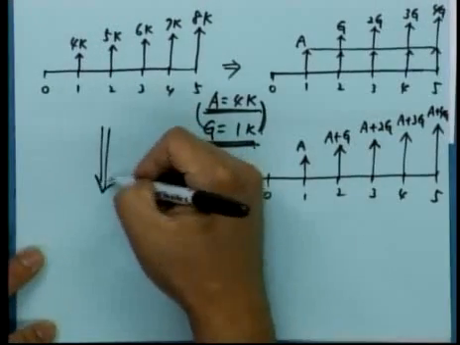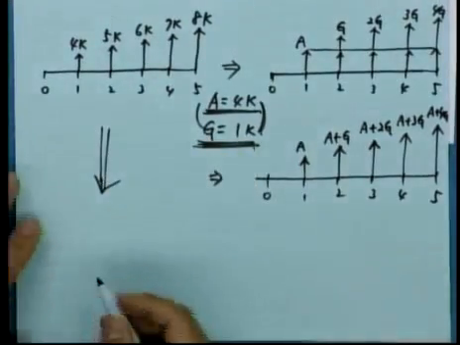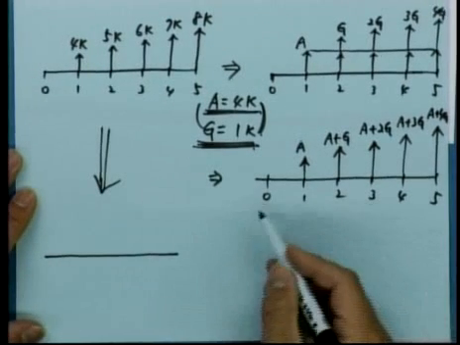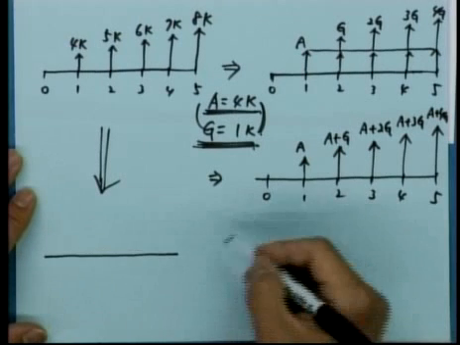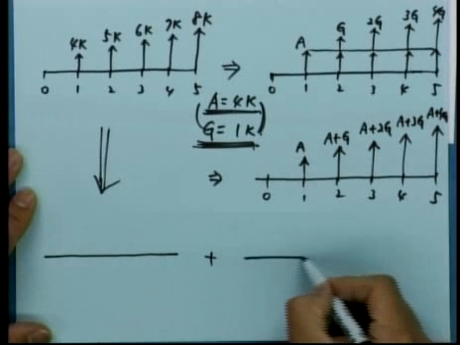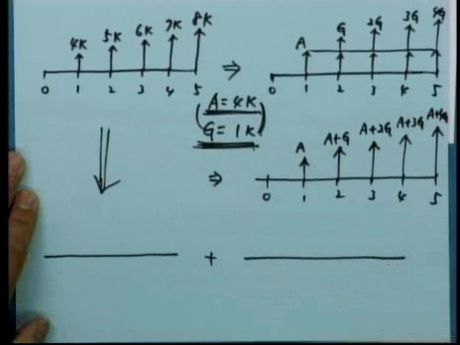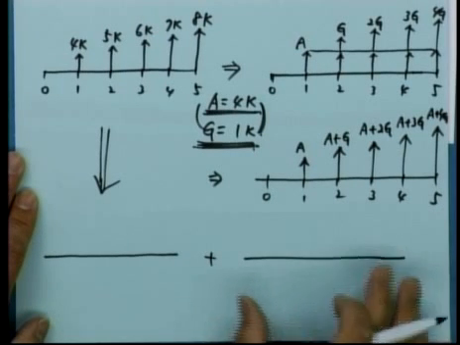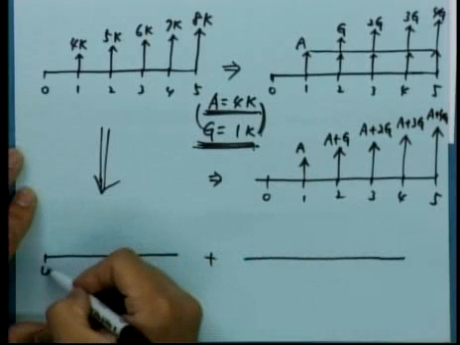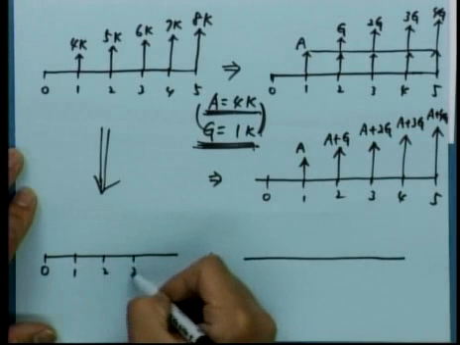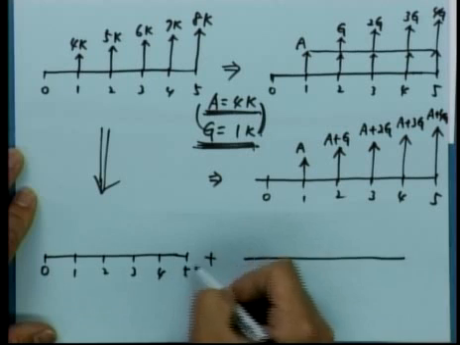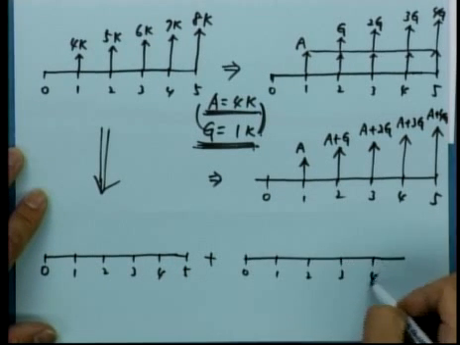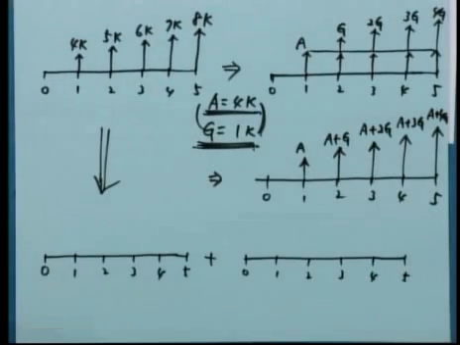So it's going to be one for the uniform annual series plus arithmetic gradient for n different periods. 0, 1, 2, 3, 4, 5.